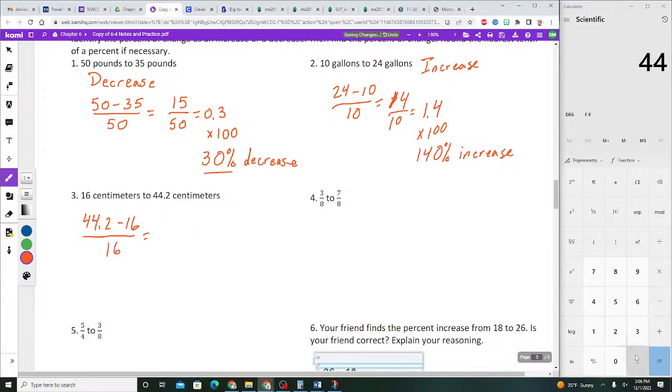So 44.2 minus 16 gives us 28.2 over 16. We divide by 16 and we get 1.7625. That's a decimal, so we multiply it by 100 to find that we have a 176.25% increase.